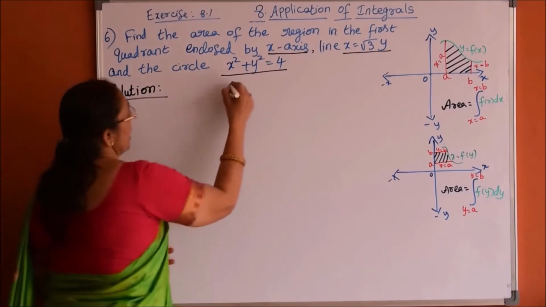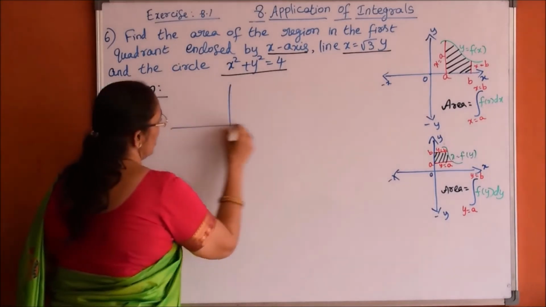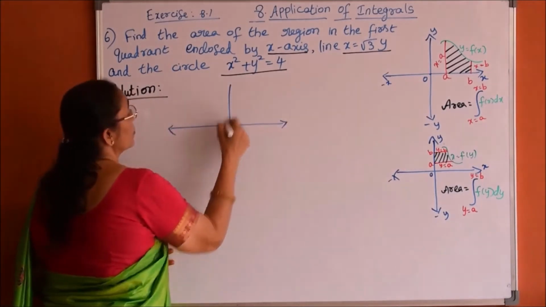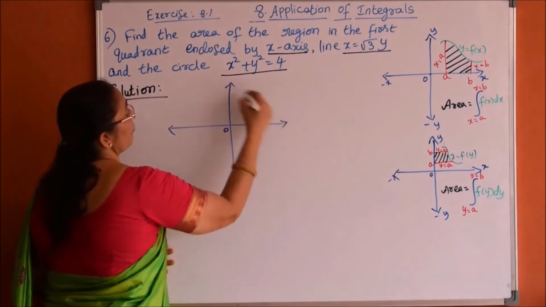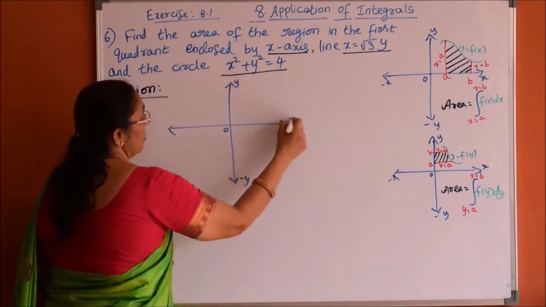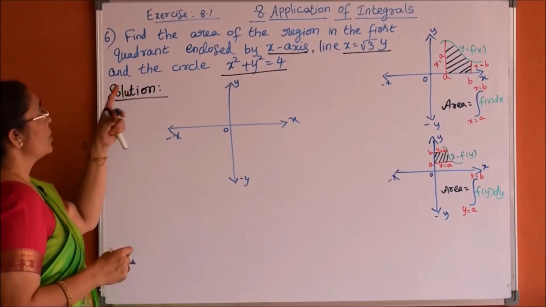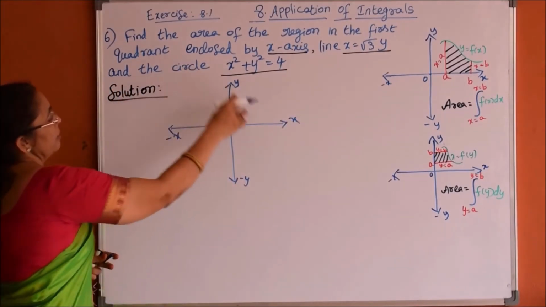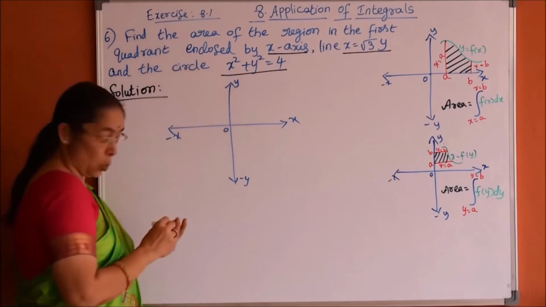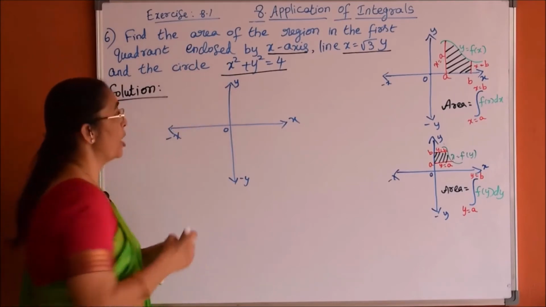So x axis and y axis, positive y, negative y, x and negative x. So the area enclosed in the first quadrant, first by the x axis. So one side it is the x axis, fine.